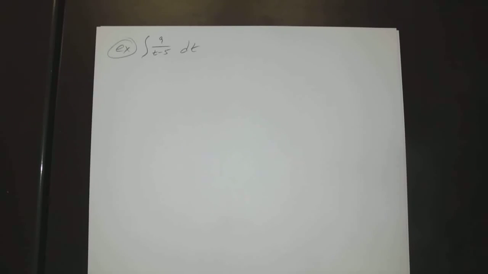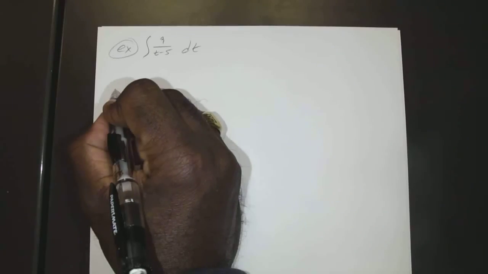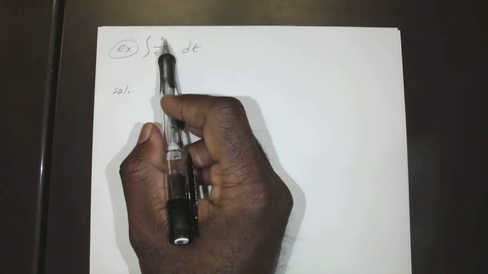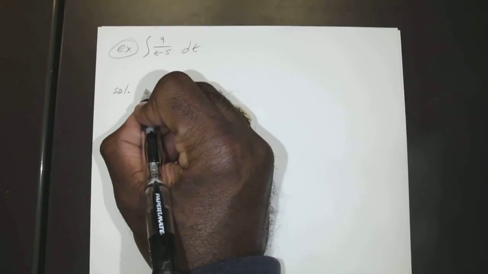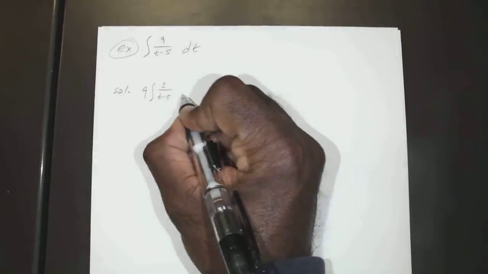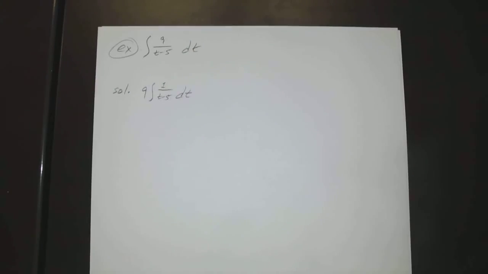And this one's usually handy if you have a constant in your numerator and a non-constant in your denominator. Okay. So if we bring our 9 out to the front, you have the 9 times 1 over t minus 5 with respect to t.